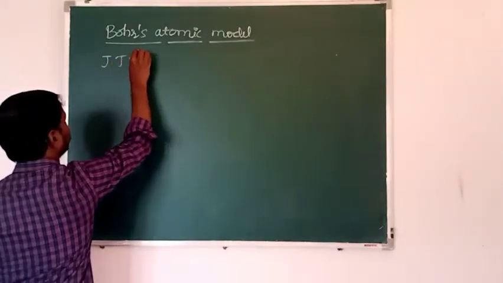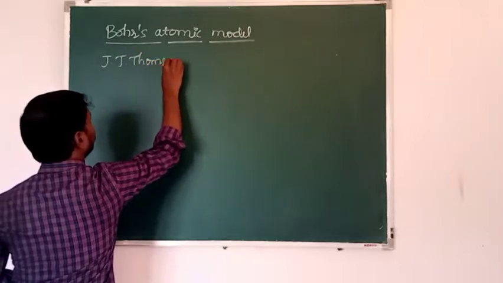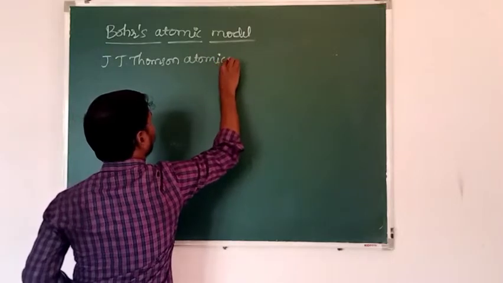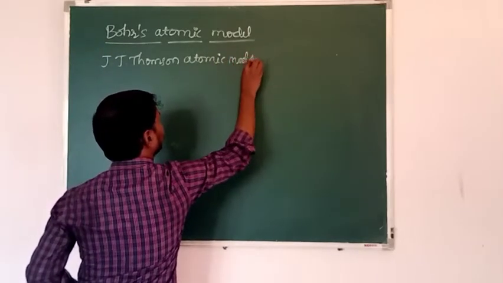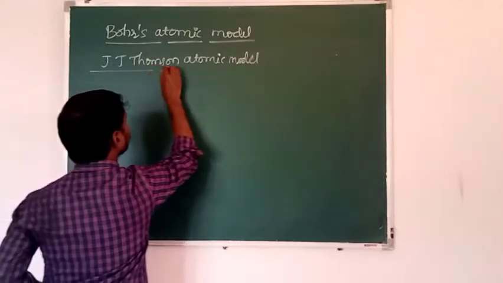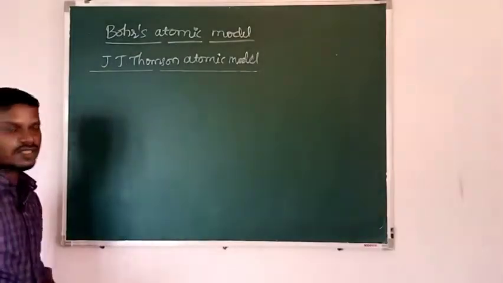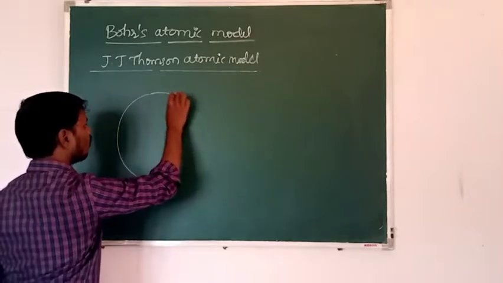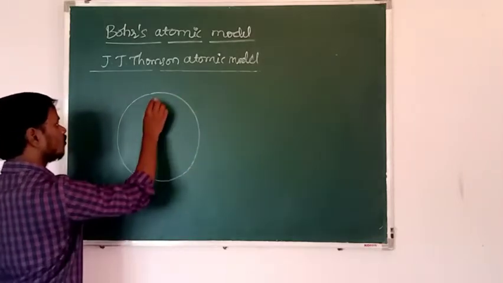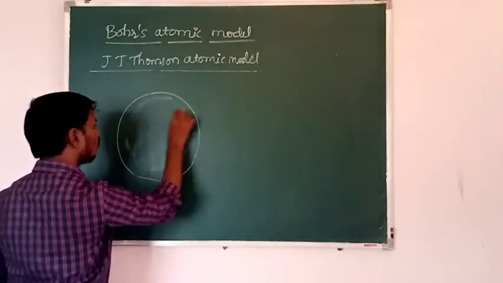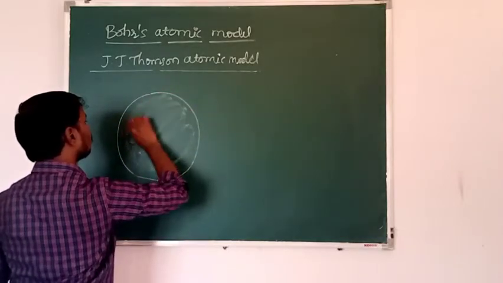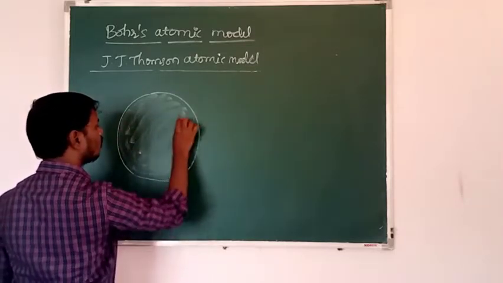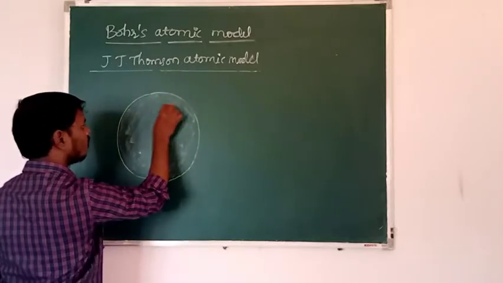So first we are going to discuss J.J. Thomson atomic model. According to J.J. Thomson, the total number of positive charges present in an atom are uniformly distributed throughout the atom, and the electrons are fixed in it.